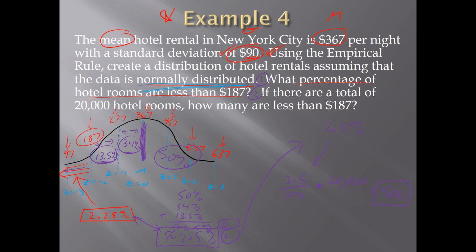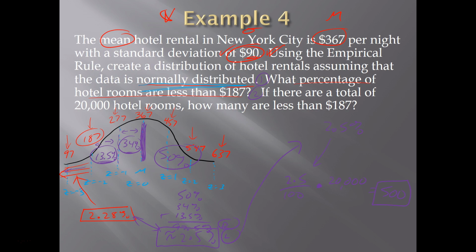So of the 20,000 hotel rooms in New York City, only about 500 of them are less than $187 a night. New York City is a very expensive place to live, very expensive place to visit, right? There aren't very many hotel rooms less than $187 a night. And those are your examples.